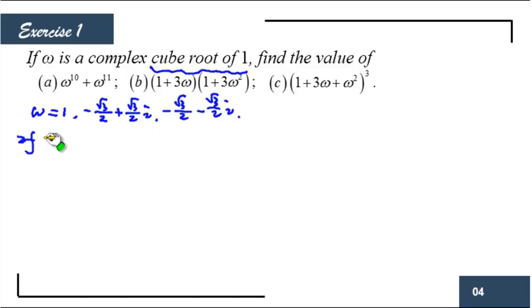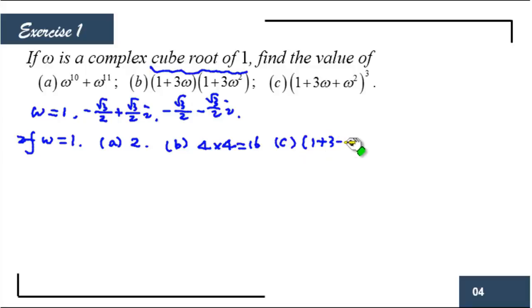And if omega equals 1, for a the result is obviously 2, for b the expression is 4 times 4, which means 16, and for the last one it is 1 plus 3 plus 1 cubed, which means 5 cubed, that is 125.